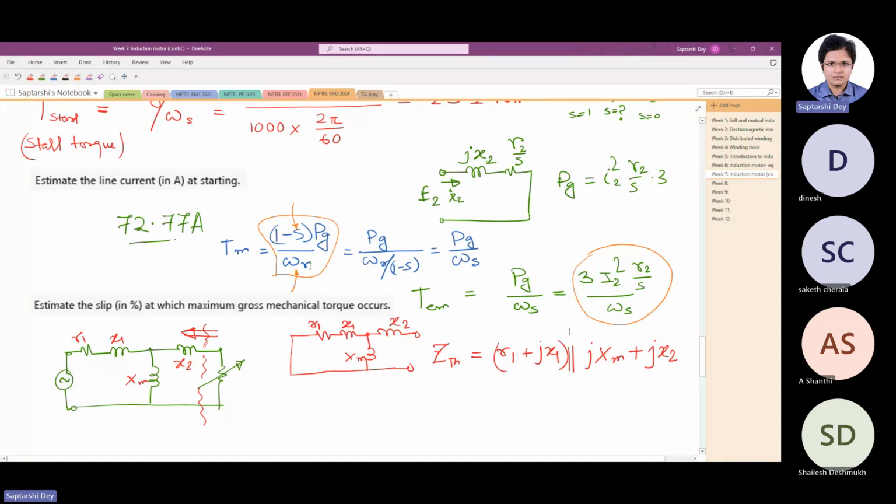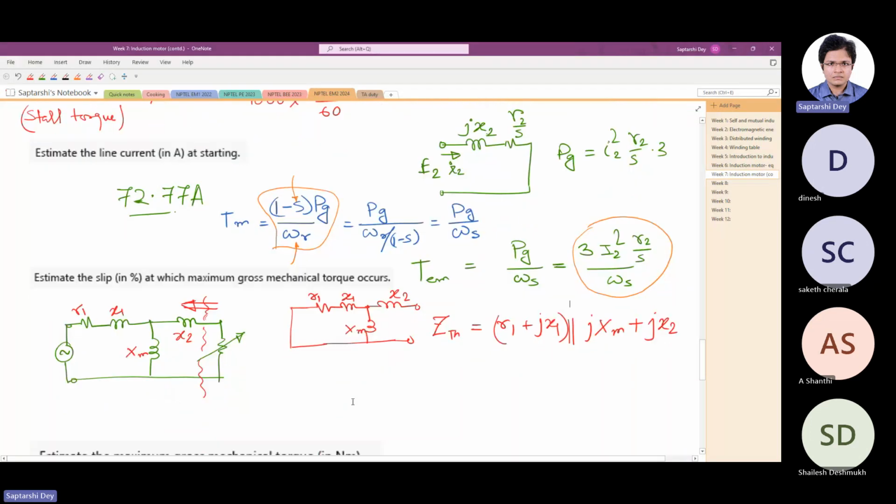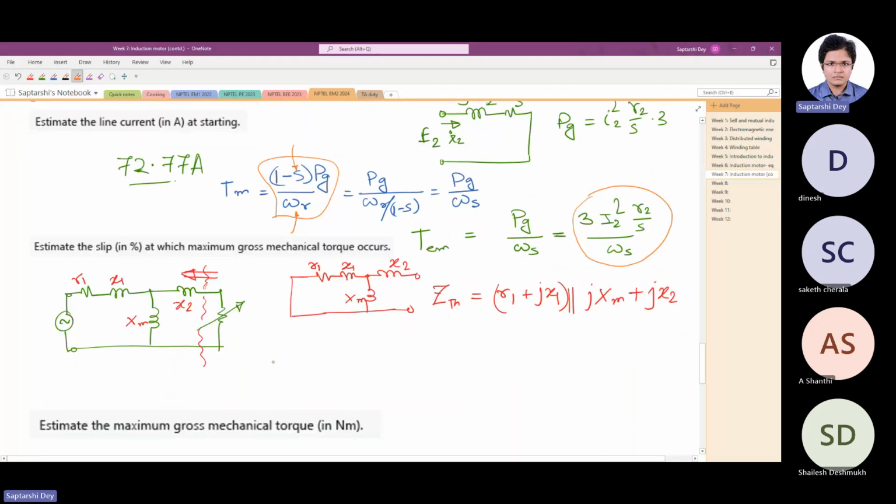Now this Thevenin impedance is clear. We are Thevenizing the source circuit. So now if ZTH is this, then the circuit becomes this: the voltage becomes VTH, the Thevenin voltage, and ZTH. The voltage no longer remains the same.